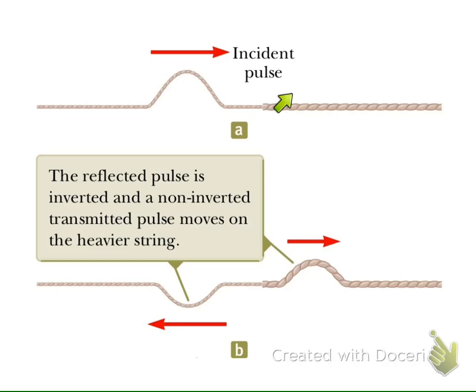Since the string on the right here is heavier than the string on the left, what we expect is that the amplitude of the pulse that passes through the string on the right is smaller than the amplitude of the incident pulse.